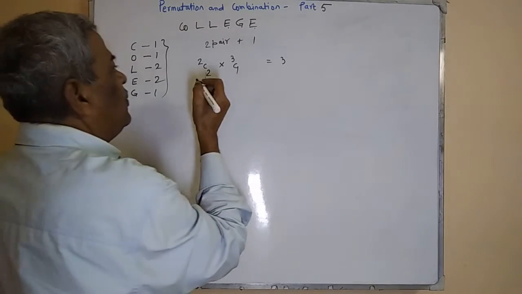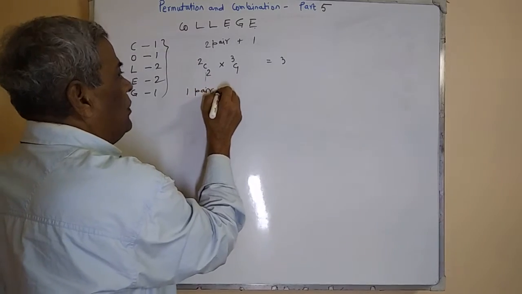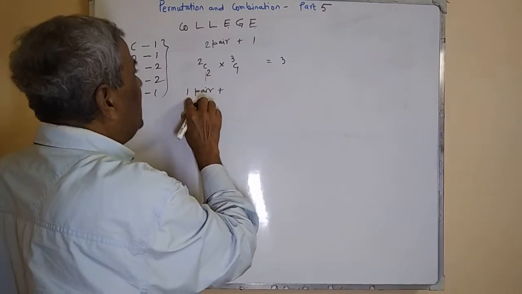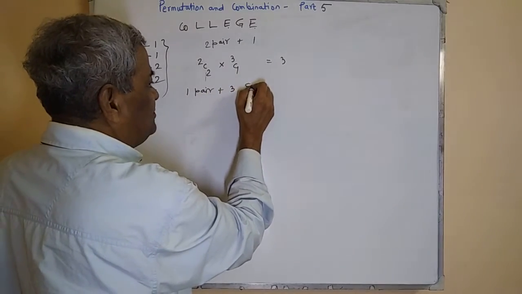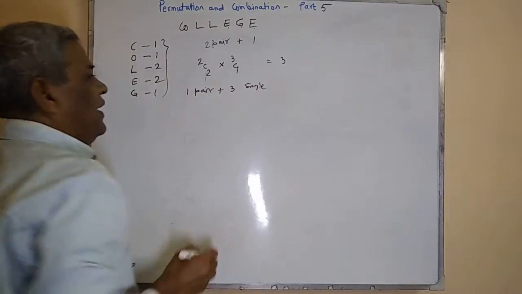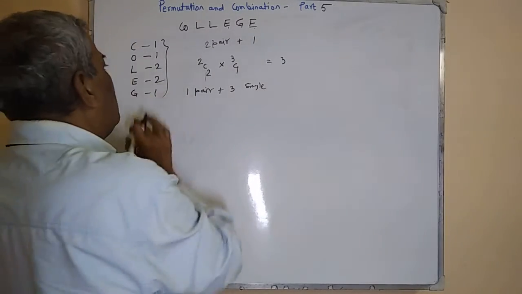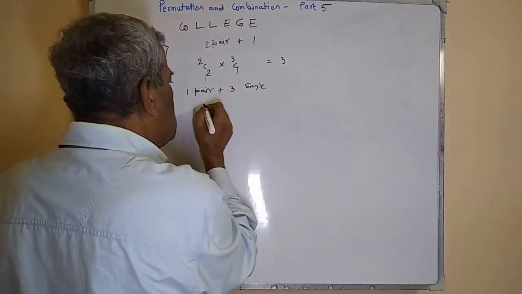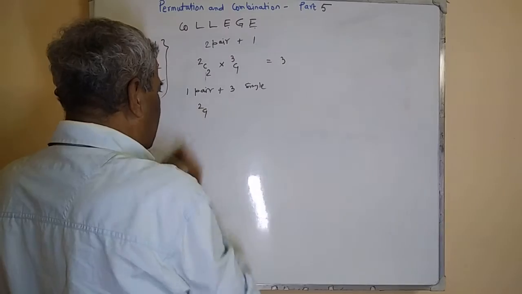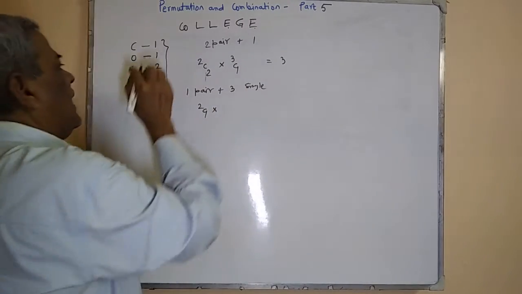Next we take 1 pair plus 3 single letters. Let us see how many ways this can be done. We have 2 pairs, out of which 1 can be chosen in 2C1 ways, into 3 single letters.